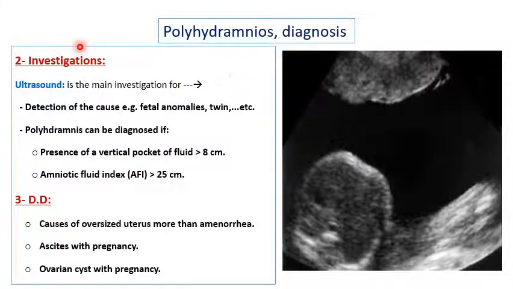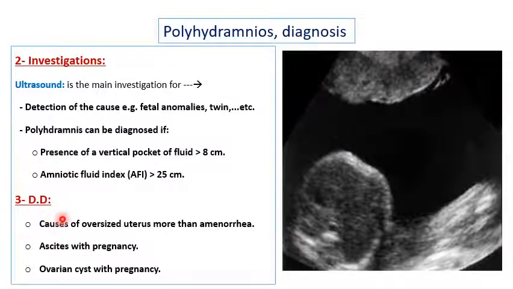The main investigation is ultrasound. If you remember, we will do the amniotic fluid index. If one pocket of our 4 vertical pockets equals more than 8 cm, it is diagnostic of polyhydramnios without measuring the others. Okay? What are the differential diagnoses of a case of polyhydramnios?